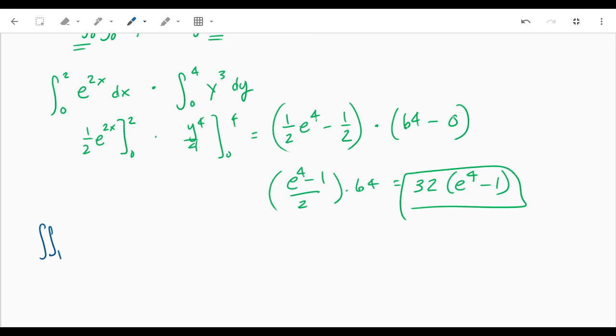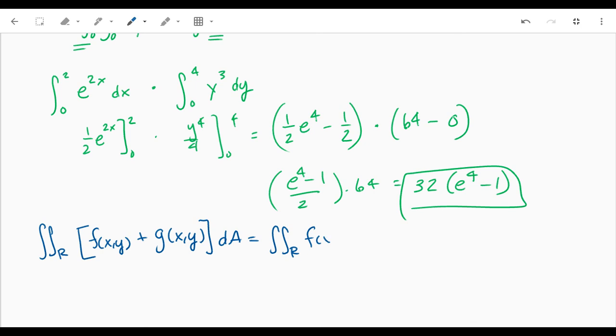Integral over r of f of x, y plus g of x, y dA. We can separate that. We generally wouldn't, we didn't up here.